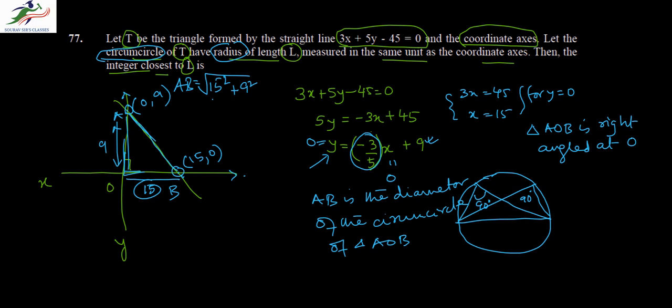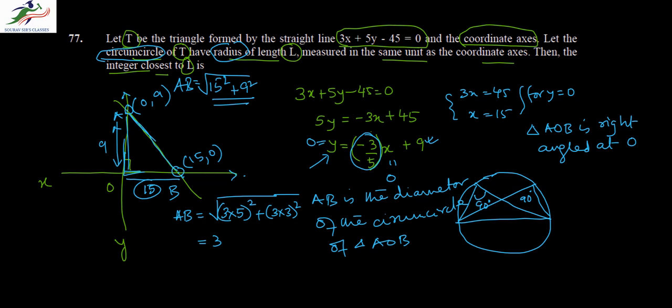So it is root over of 15 square plus 9 square. So I can write this as AB is equal to root over of 3 into 5 whole square plus 3 into 3 whole square. So I take out 3 square and take the square root of that.